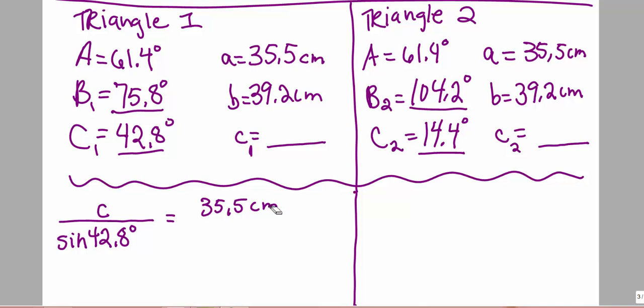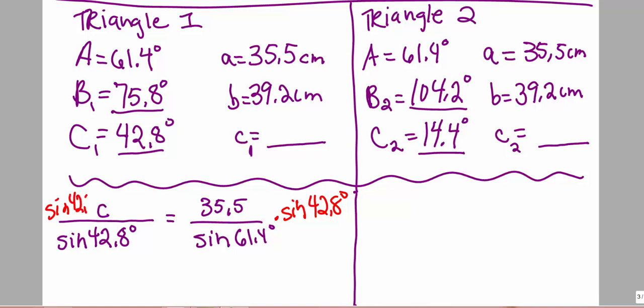Well, we don't need the centimeter part. And sine of angle A, which is 61.4 degrees. Okay, we're going to multiply both sides by sine of 42.8 degrees. And that way we can solve for side C.